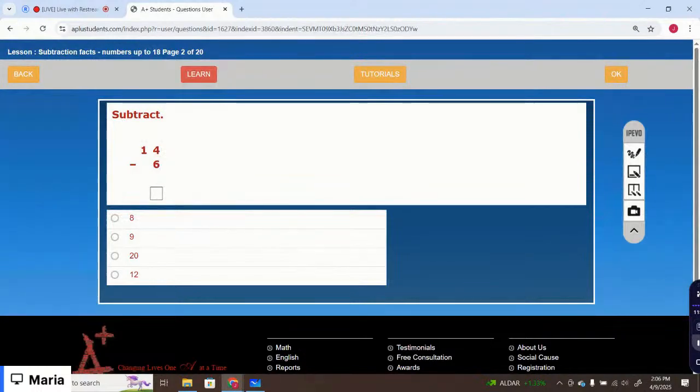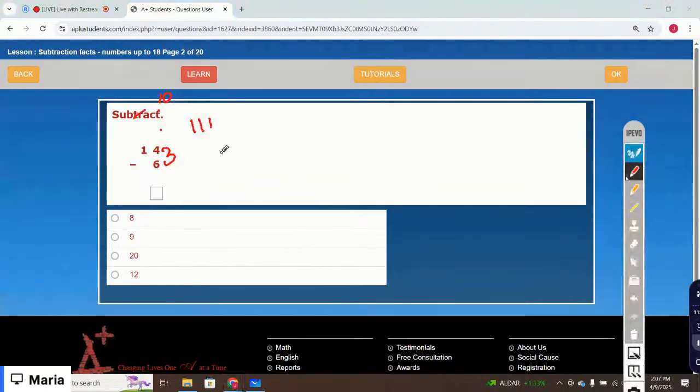Okay, then you have to do 14 take away 6. Start subtracting from the ones digit. These are the digits at the ones and here it is tens.